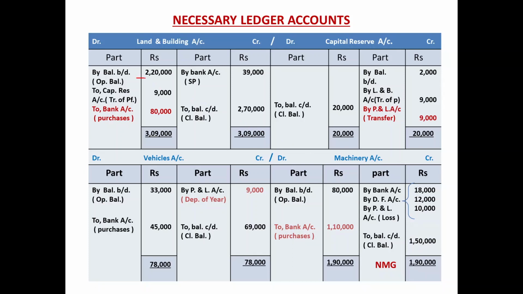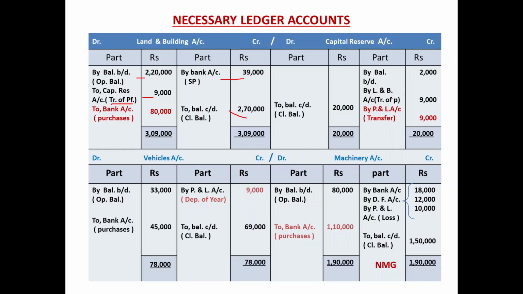Opening balance 2,20,000, closing balance 2,70,000. Posting of first journal entry, bank debit to land and building account credited 39,000. And then transfer of profit, second journal entry, land and building account debited to capital reserve account credited, transfer of profit.